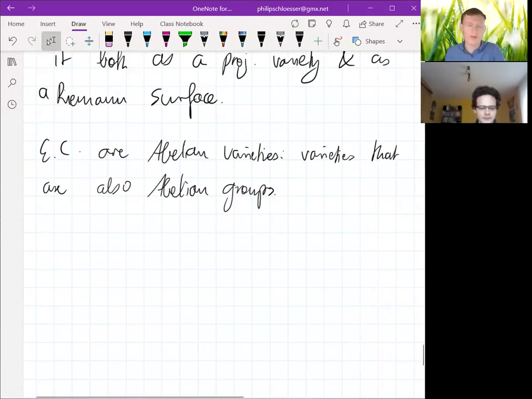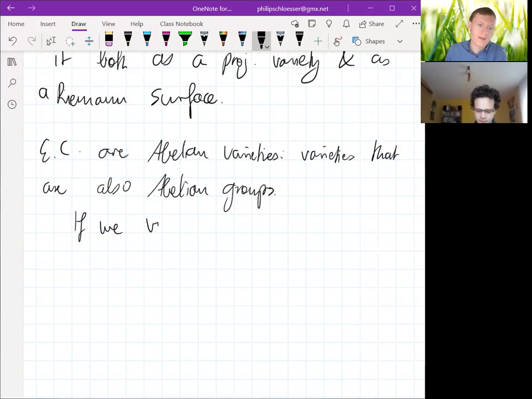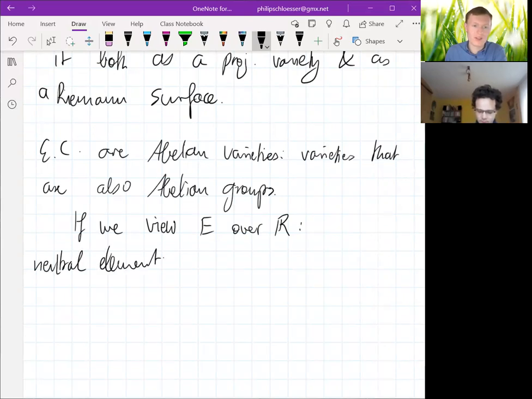How do I explain the group law? Well, for simplicity, we look at an elliptic curve not over C but over R. Then we say that the neutral element is the point at infinity, and define addition as follows.